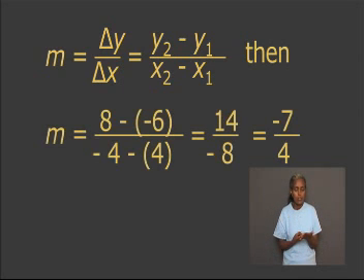Thus, M is equal to 8 minus -6 over -4 minus 4. This can be further simplified to 14 over -8. Your final answer should be slope equals -7 over 4. If you answered correctly, you are off to a great start.